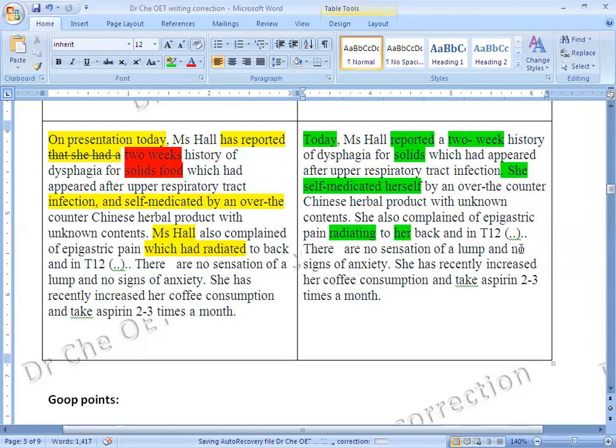This no can be used for both, okay? This no should be omitted. There are no sensation of a lump or signs of anxiety. So no should be used once, and I would prefer past tense. It would be: she had no sensation of a lump or signs of anxiety.